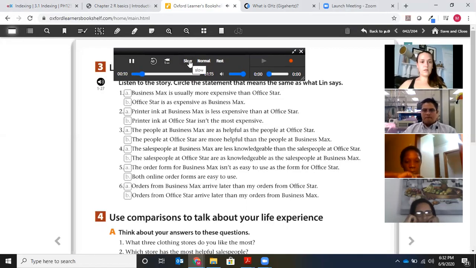Exercise 3. My name is Lynn. I'm an office manager for a large insurance company. I usually order all of our office supplies from Office Star or Business Max. For everyday items like paper and file folders, Office Star is usually less expensive than Business Max. For special items like printer ink, Office Star is the most expensive.